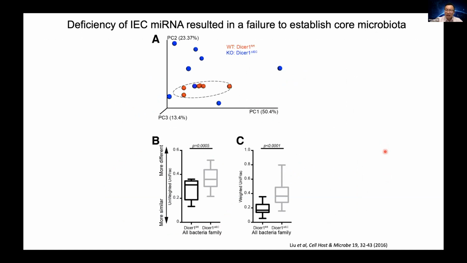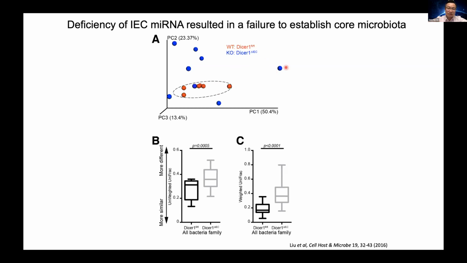So, what's the relationship between this microRNA and the gut microbes? We look at the microbiota profile in this gut epithelial cell Dicer knockout mice. In the wild type mice, you can really find a really nice clustering of the microbiome profile.